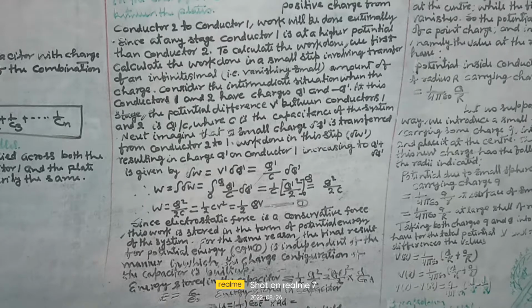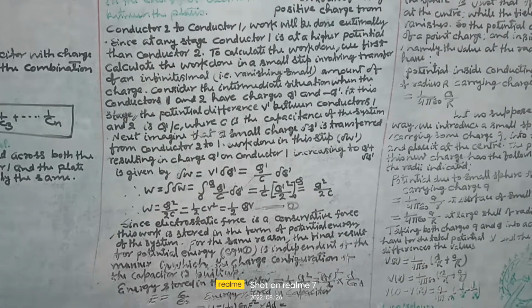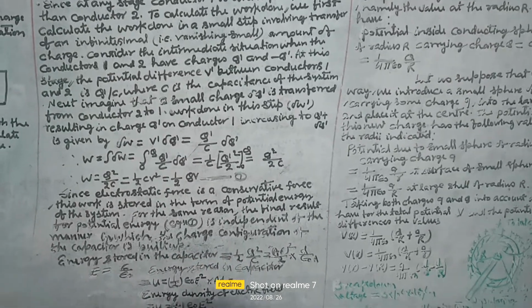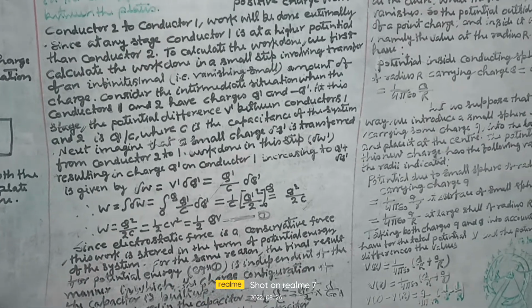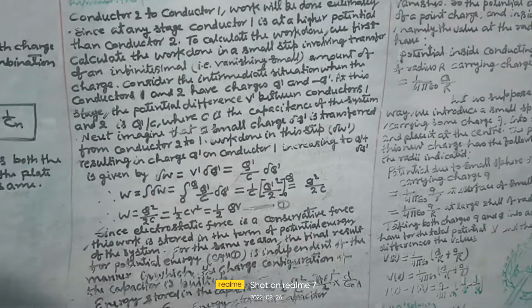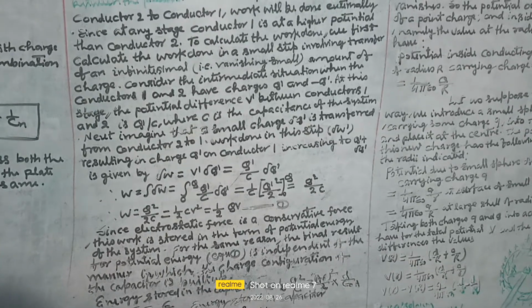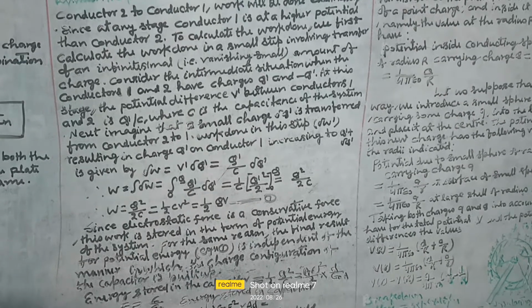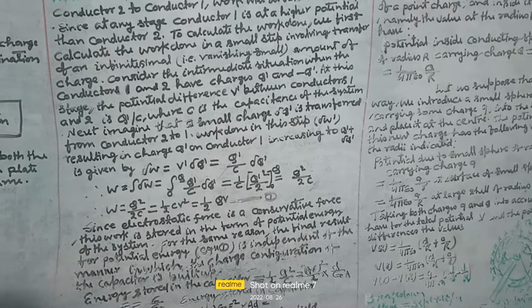Work done in this step, delta W', resulting in charge Q' on conductor 1 increasing to Q' + delta Q', is given by delta W = V' delta Q' = (Q'/C) delta Q'. Therefore W = integral of delta W = integral from 0 to Q of (Q'/C) dQ' = (1/C)(Q'^2/2) from 0 to Q, so 1/2 Q^2/C.